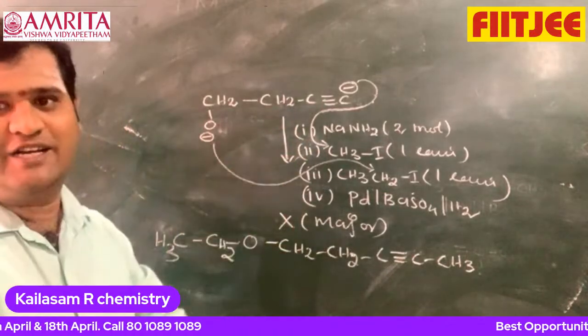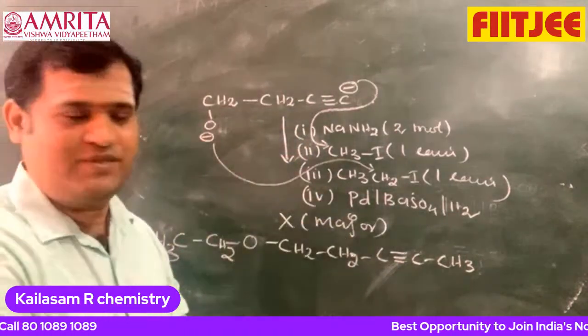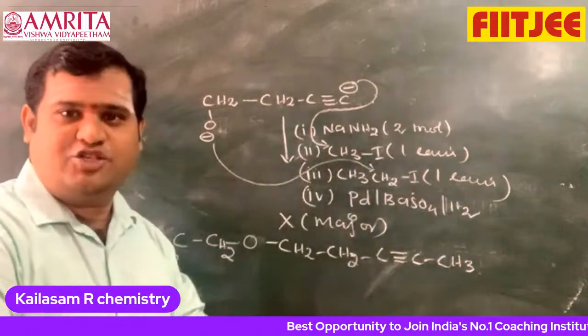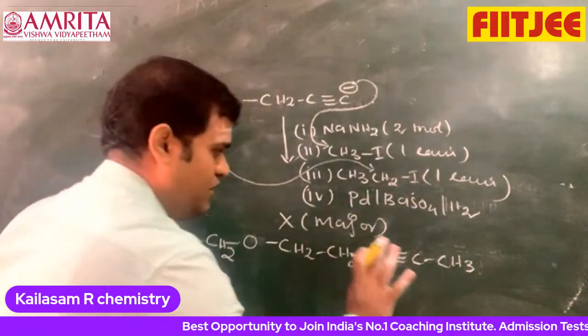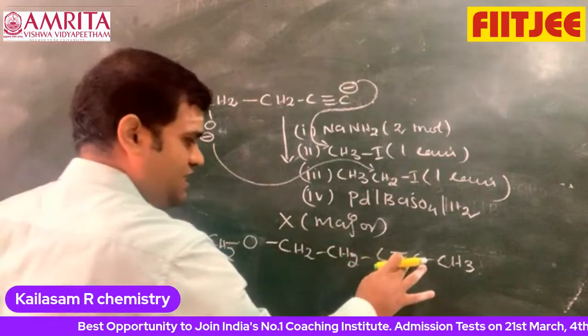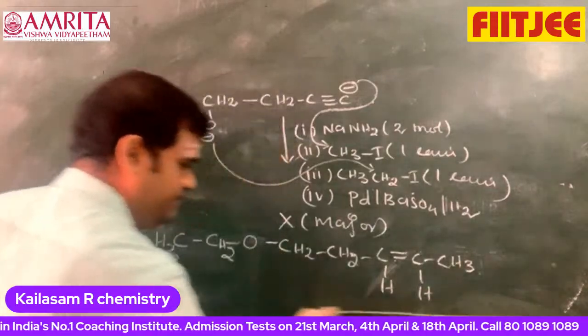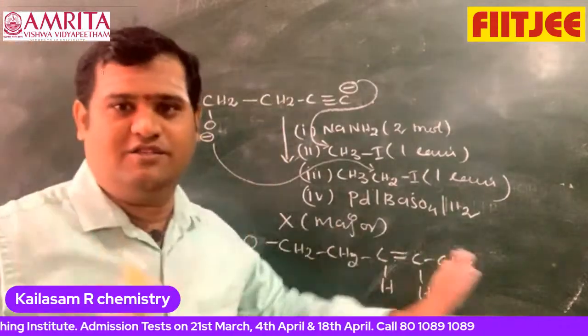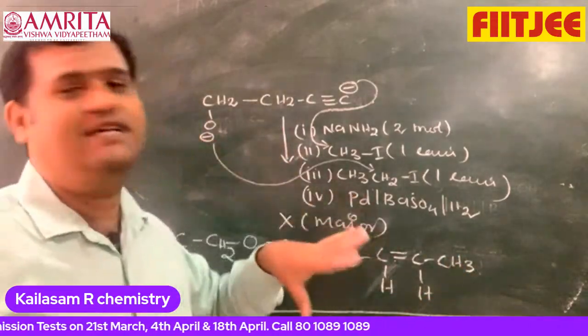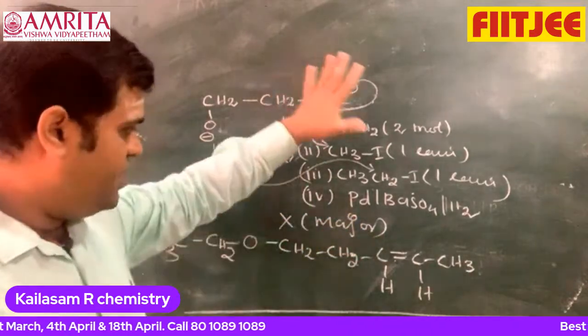This is what IIT and JEE would expect. Now, palladium, barium sulfate, H2 is Lindlar catalyst. So what is going to happen? Observe carefully. The double bond: put H here, H here. This is the answer. This is what they may generally give you in JEE Mains organic chemistry.